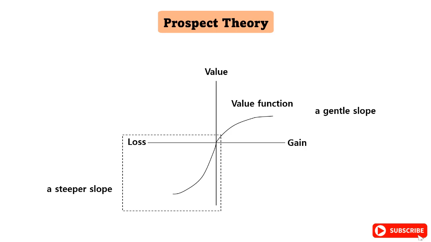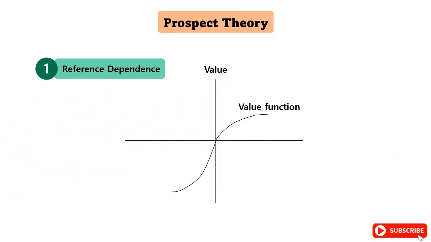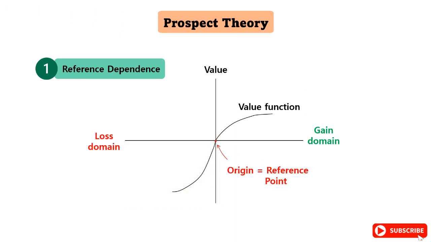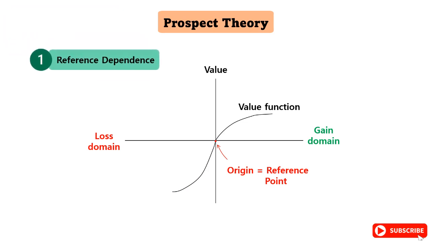The origin is the reference point. Drawing left and right around the origin means that the right side of the reference point is the gain domain and the left side is the loss domain. In other words, consumers judge value based on their own subjective reference point. This is called reference dependence.